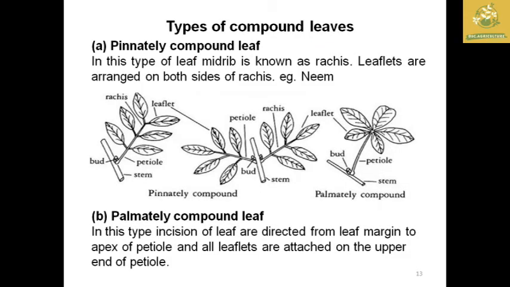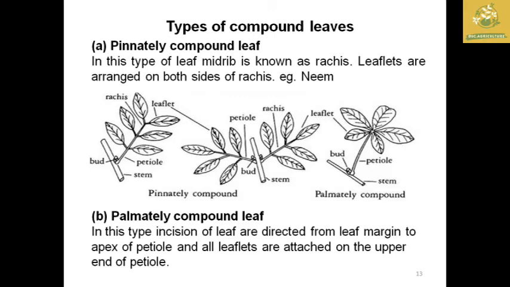While seeing about the types of compound leaves, in the pinnate compound leaf, as I have already told you, there is a leaf midrib, which is known as the rachis, and the leaflets are arranged on both sides parallel to it. For example neem is a pinnate compound leaf.